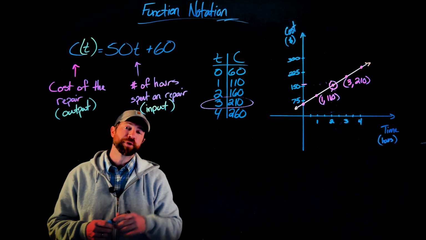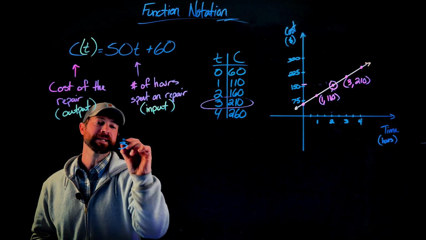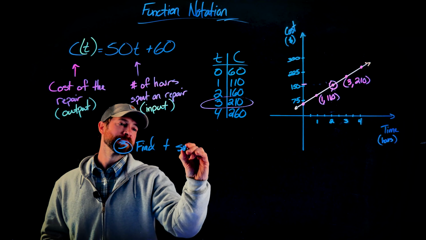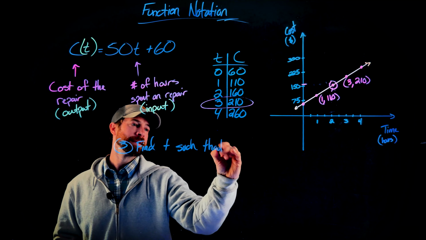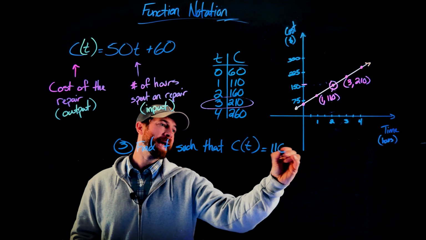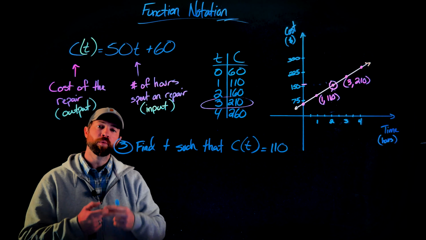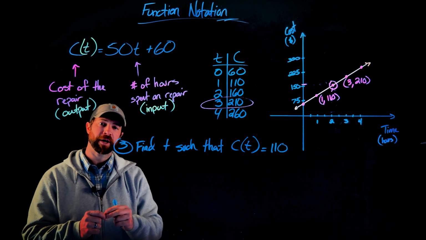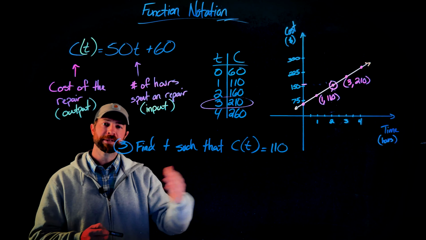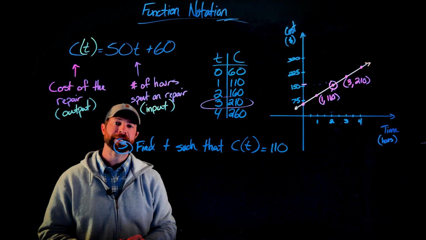So far, we've just plugged inputs into our function. We actually can ask questions like this. Find t such that c of t equals 110. In this way, we're asking for what input value or t value do we plug in to get an output of 110. And we can do this with the table of values, graphically, or with the function definition here.